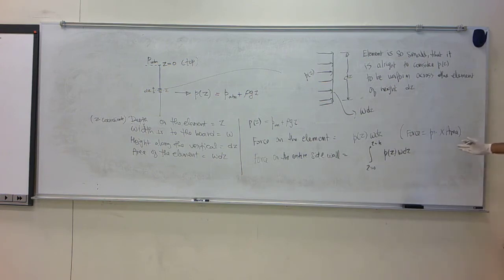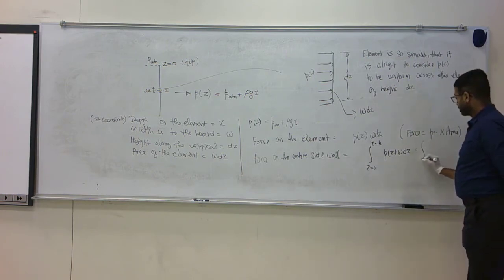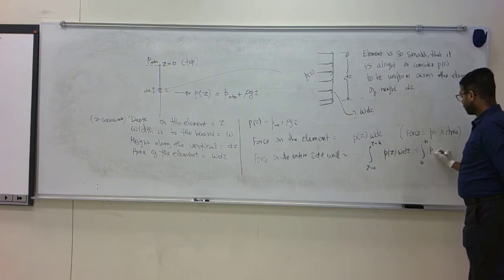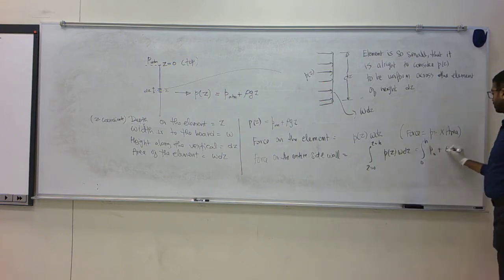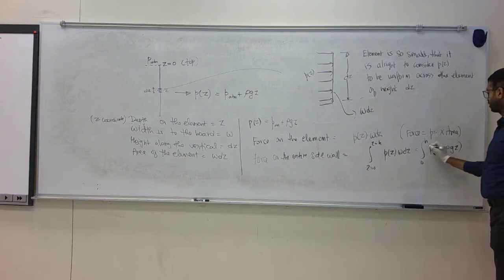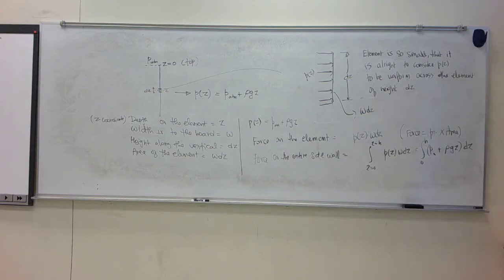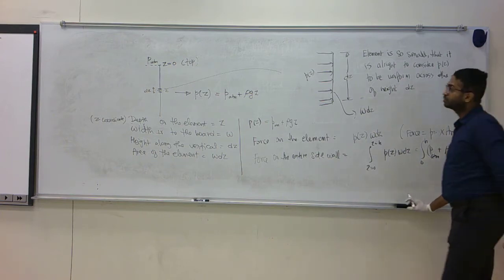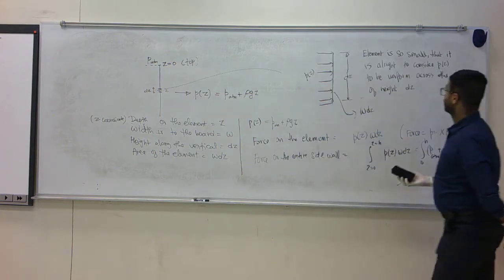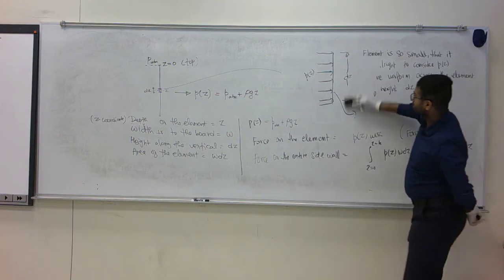You can easily do the integration. This is simply 0 to h, P atmosphere plus rho g z, dz. So let's do the integration. I'm going to erase this top surface here.